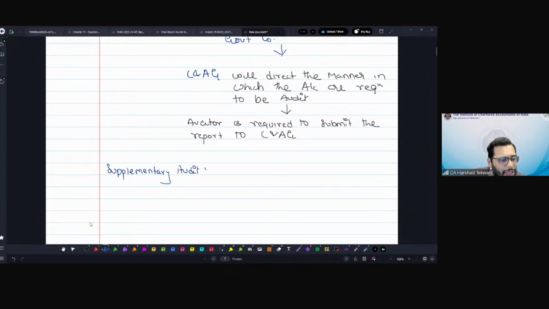Can anyone tell me what is supplementary audit, and under 143 where the requirement of supplementary audit is? Okay, it is section 143, but which subsection?